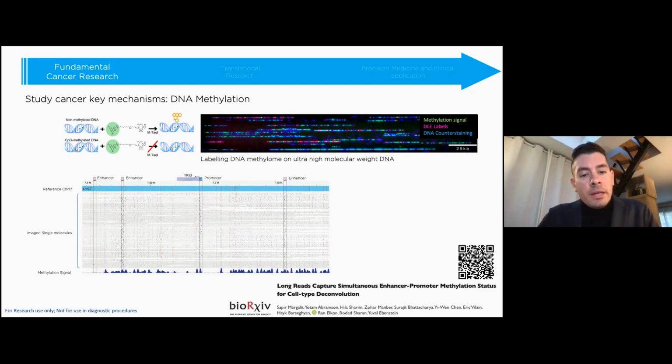And this exciting work has potential applications, whether it is to identify new epigenetic changes and new patterns at low allele frequency in cancer for biomarker discovery, for example, to monitor the efficacy of demethylating drugs that are commonly used in leukemia treatment, and also to develop new compounds directly targeting DNA methylation.